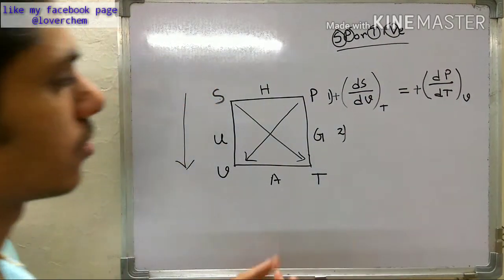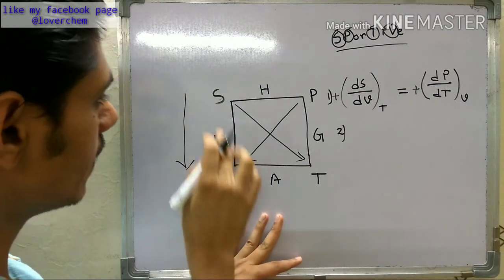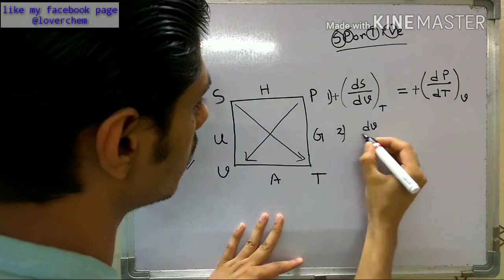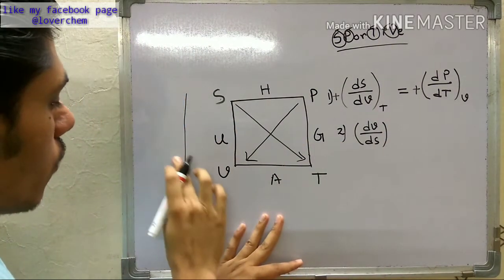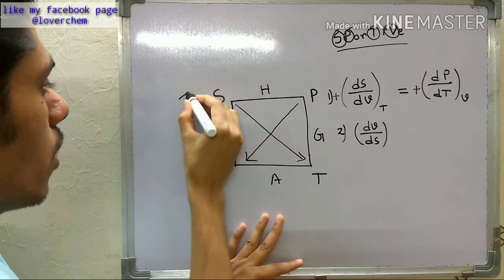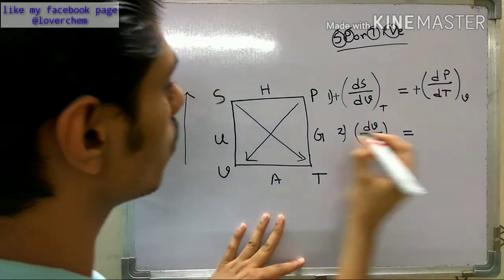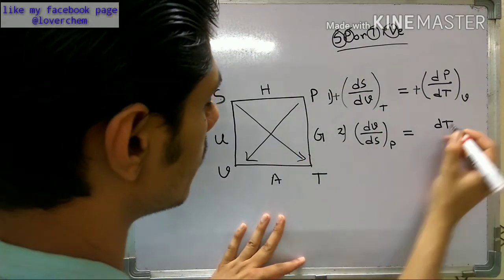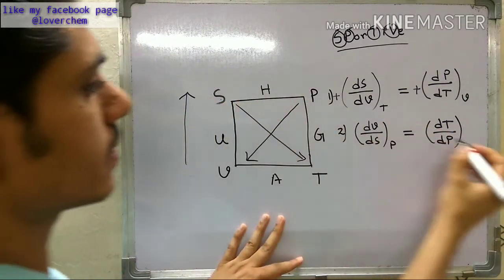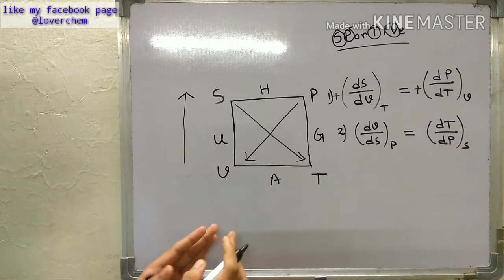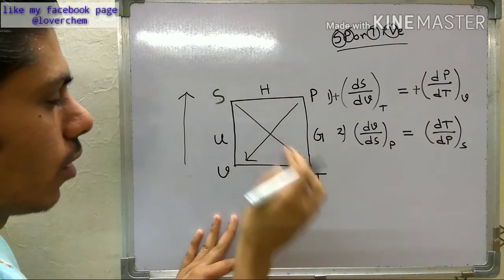Then the second relationship. Now we can do the reverse, that is dV dS. If we take dV dS, we are going from bottom to top, so we have to fix the constant P. So here you will have P, and it will be equal to the same, dT dP at constant S. Now you can see in both cases we are going from bottom to top, but the arrows are from top to bottom.